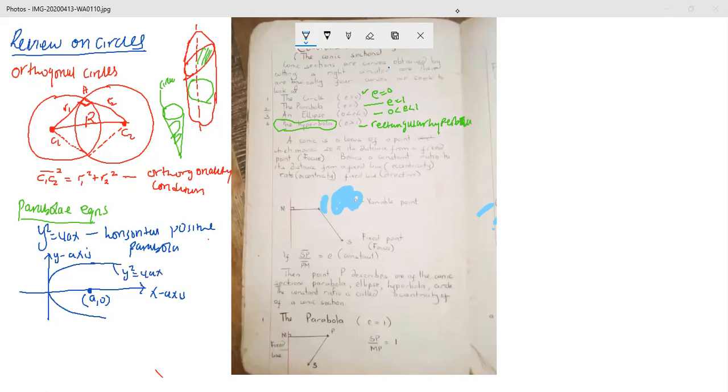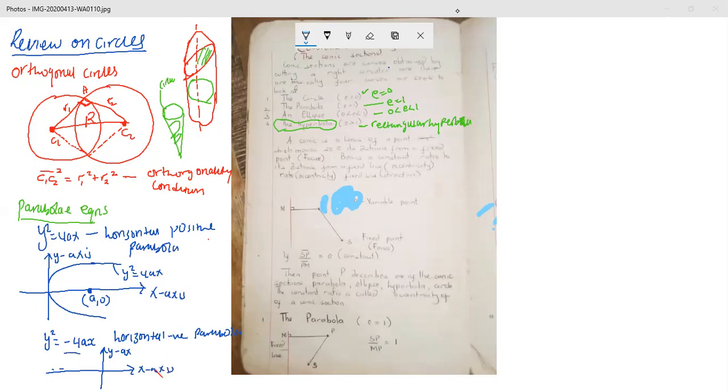If you want to talk about the negative parabola, then you say y squared is equal to negative 4ax. This one is the negative, a horizontal negative parabola. This is how I would describe them so that we don't take so much time. How does this look like? This is the y-axis. This is the x-axis.